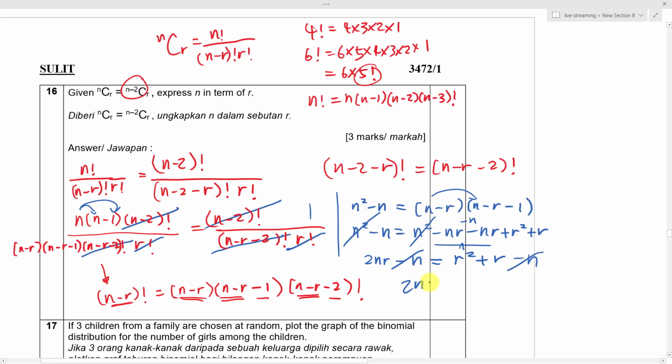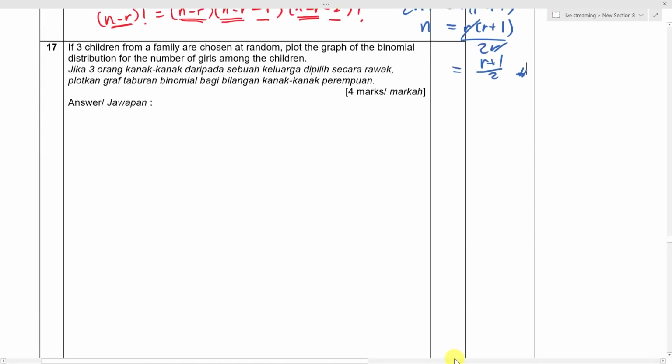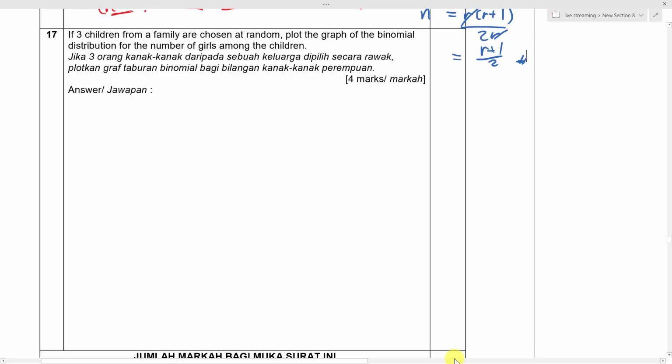So 2nr equals to r squared. Yeah, factorize out the r. R, this is r plus 1. Then n equals to r plus 1 over 2r. Cancel it out. R plus 1 over 2. Is that the correct answer? Yes. You see, one tiny mistake is going to spend so much time to actually find out. So make sure you don't make any mistake here.